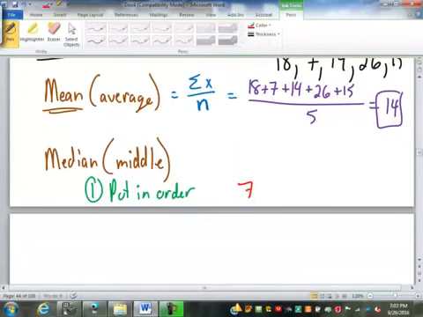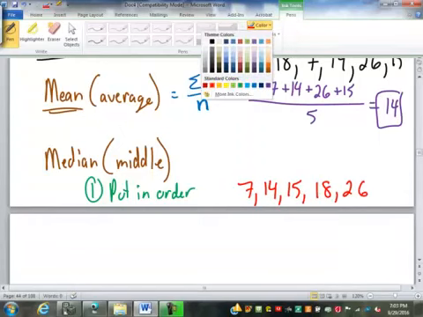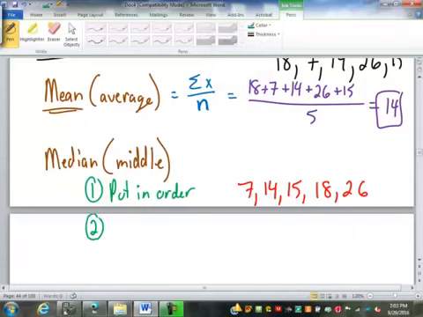Let's see, we've got 7, 14, 15, 18, and 26. So we put it in order from smallest to largest. Second step, find the position of the median.